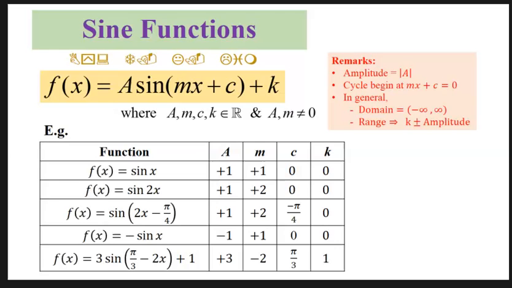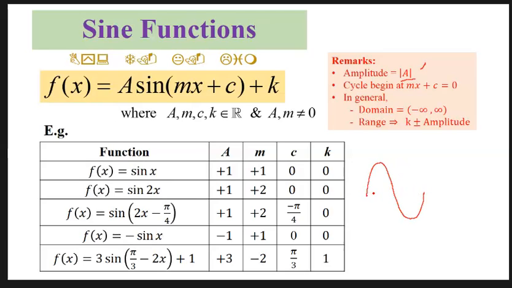Here there are also some important remarks that you need to take note of. There are some terms that we're going to make use of in our graph sketching and problem solving later. First, amplitude. How do we get the amplitude of a sine function, and what is it? Let's say this is the shape of the sine function that you have.